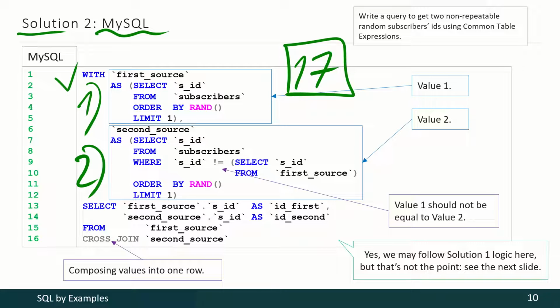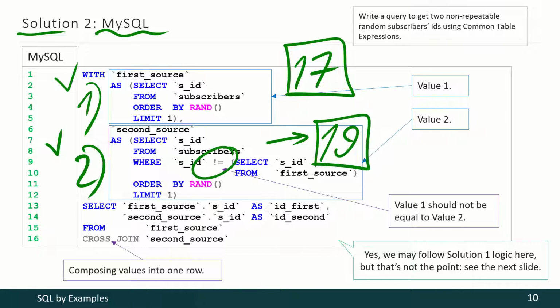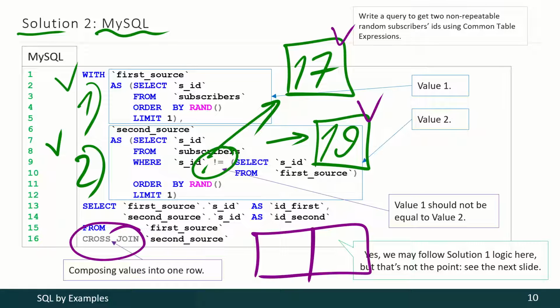Assume it's 17. The second common table expression also produces a single value. Imagine it's 19, but this single value should not be equal to the first value. And so we have two different values and we only have to cross-join them to get our final result. It should look like this: 17, 19.